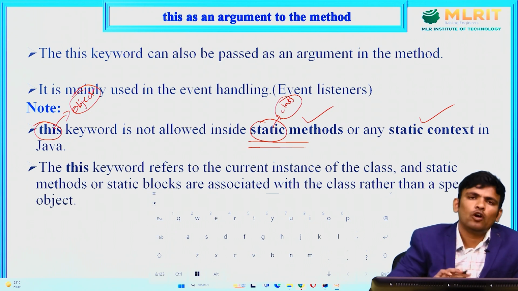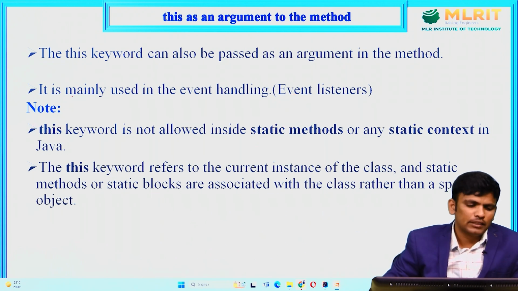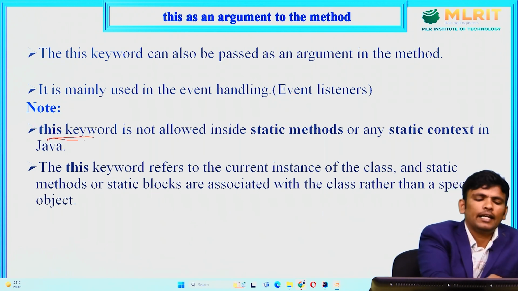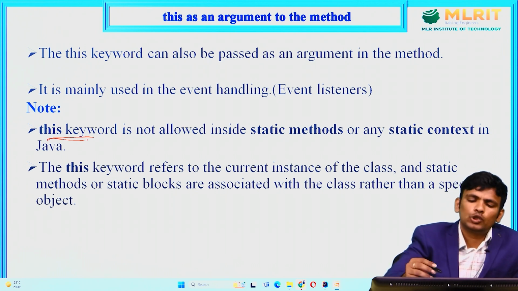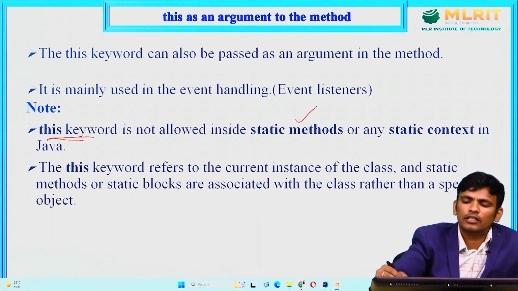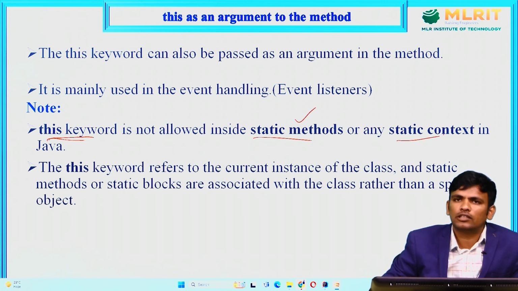So if you mix this keyword and the static keyword, it's meaningless. Compulsorily, this must be called inside the instance area only. It may be an instance block or an instance method, but it should not be a static method, or a static context like a static block.